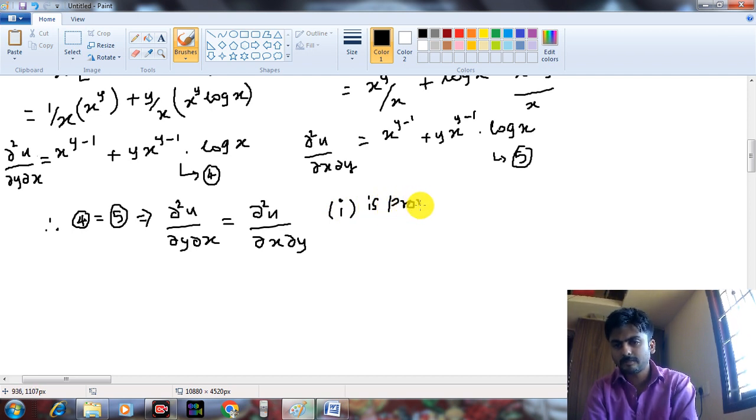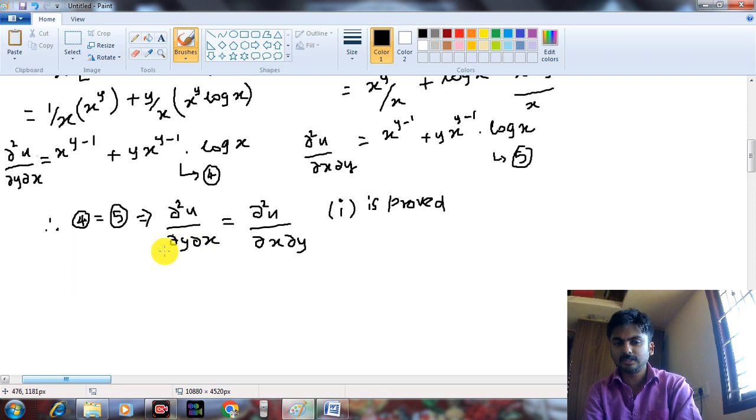Now these two things are equal, and we are going to differentiate these two things again with respect to x.